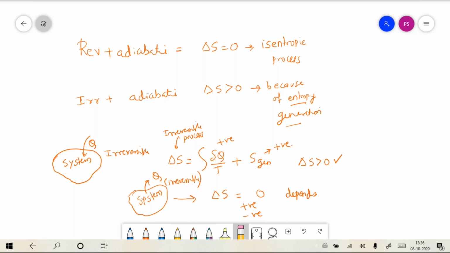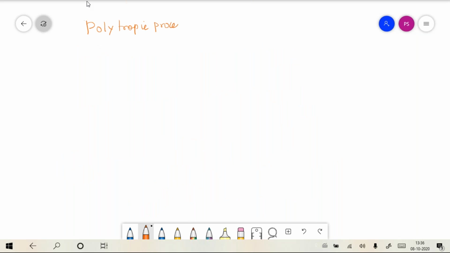So when you are saying polytropic process, it means that it follows the law P V raised to n is equal to constant, and this n is known as the polytropic index.